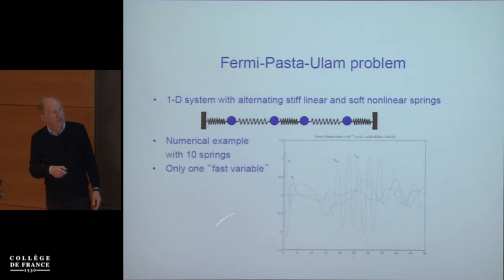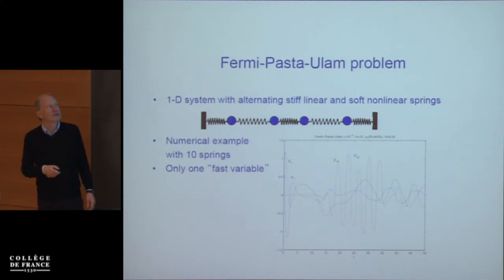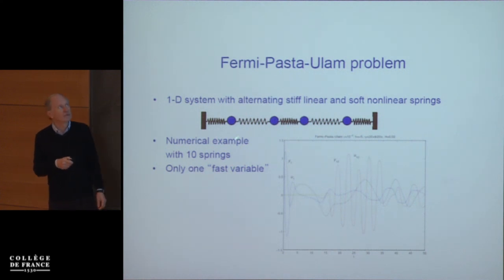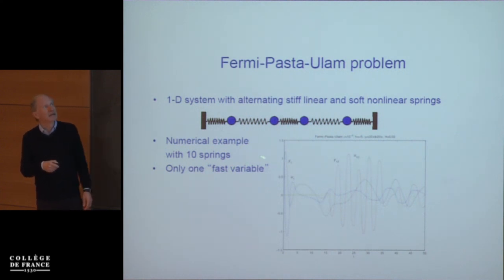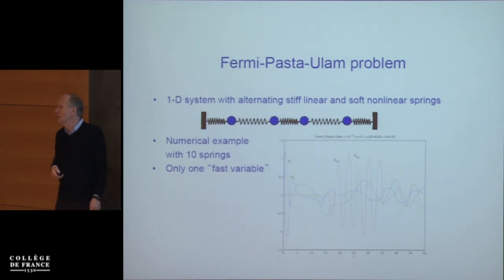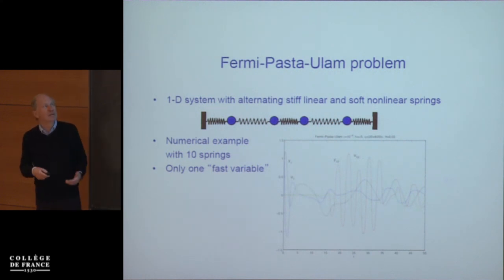So this is on the slow scale. We have done that with more springs, and you can do it with other techniques as well. And all of these things are just one fast variable. Then you have the amplitudes, the slow strings, and the difference between the others being the slow variable. So that's driving here. So this is a way of doing it.